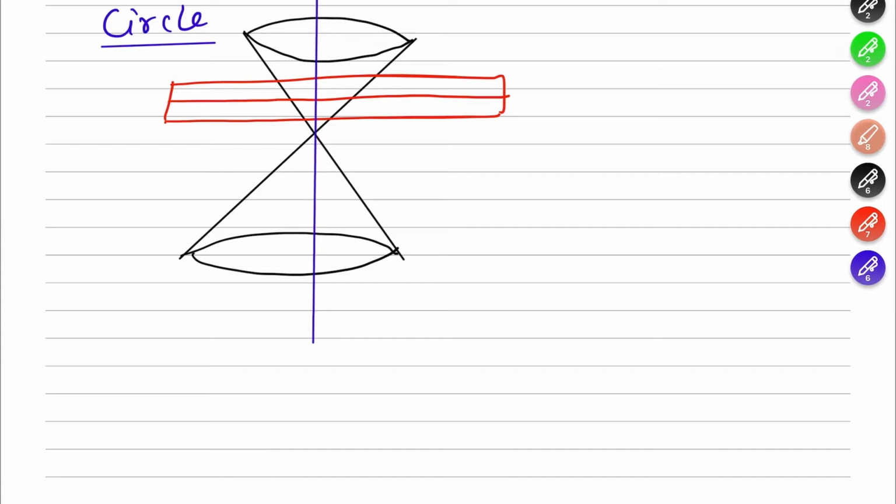So this is the axis of the cone, and this is the cutting plane. In this case, the conic section will be a circle.